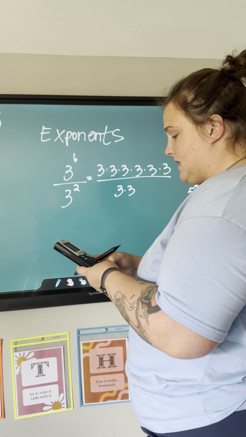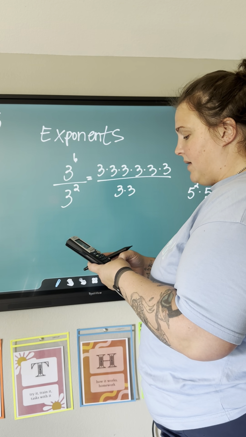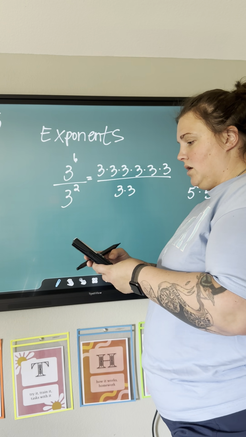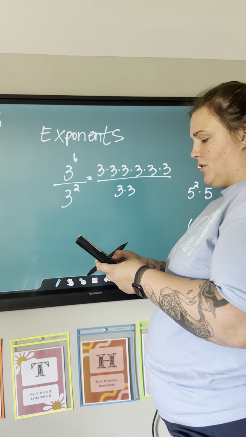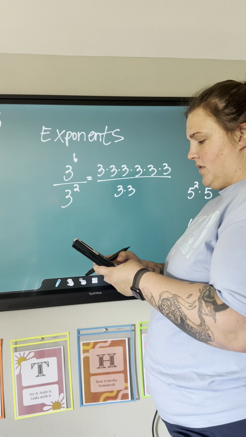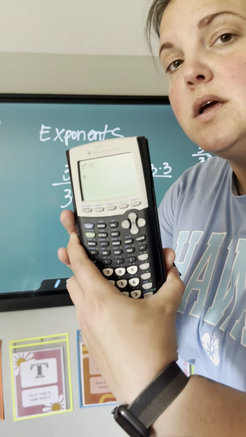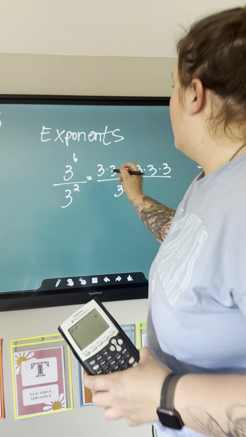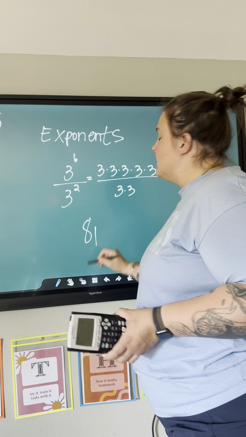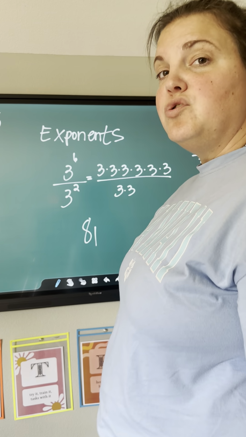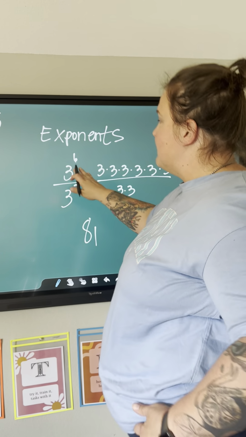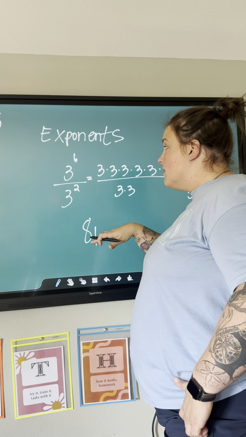So you're going to do 3 to the 6th divided by 3 to the 2nd. That's 81 right there. But if I asked you just to give me the simplified version, what are you going to write?